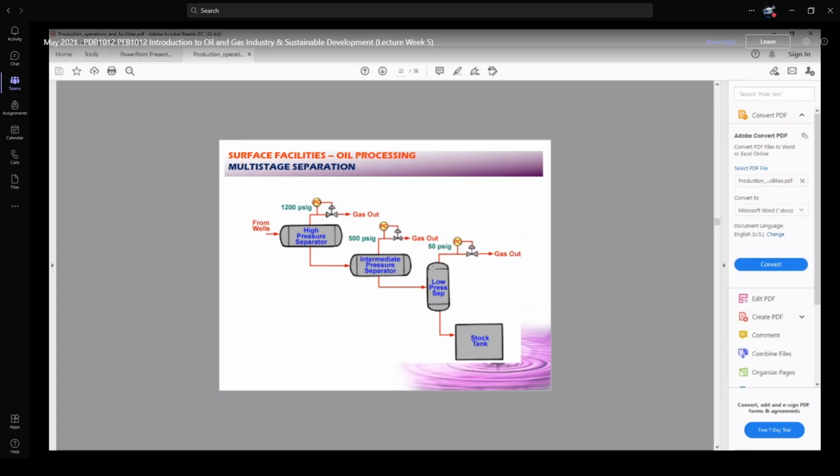Then the remaining gas will come out from here, and the rest, the water and oil, will go to the next stage. If there is no water, the oil will go directly to the storage stock tank. If there is water, there will be another separation of water and oil, and then they will go to their respective storage.